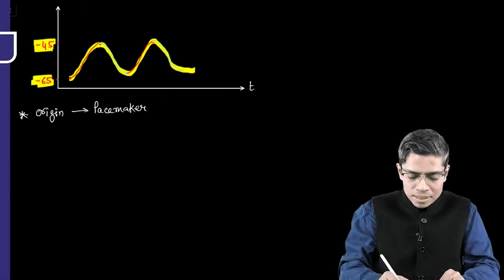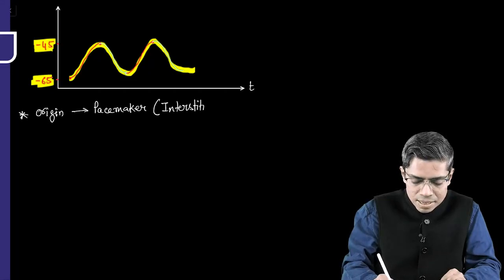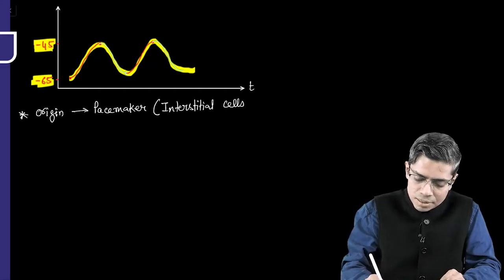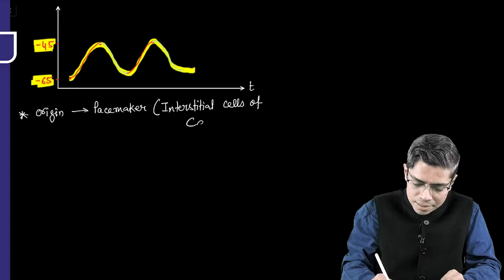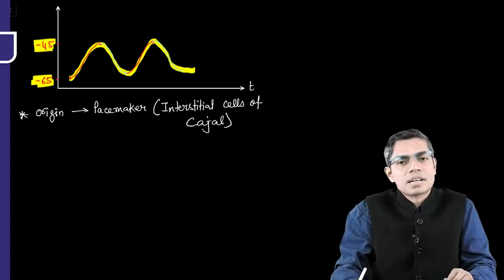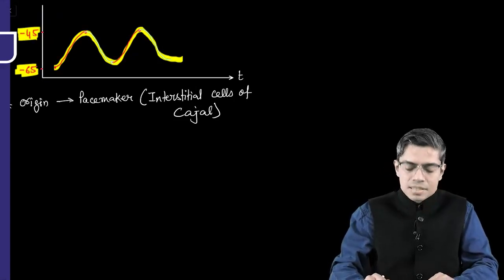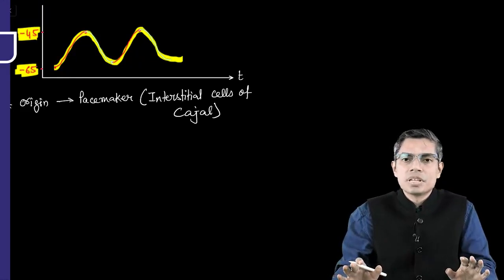All of you know that the pacemaker cell of the GIT is known as the interstitial cells of Cajal, right? These interstitial cells of Cajal are very important for your MCQ.